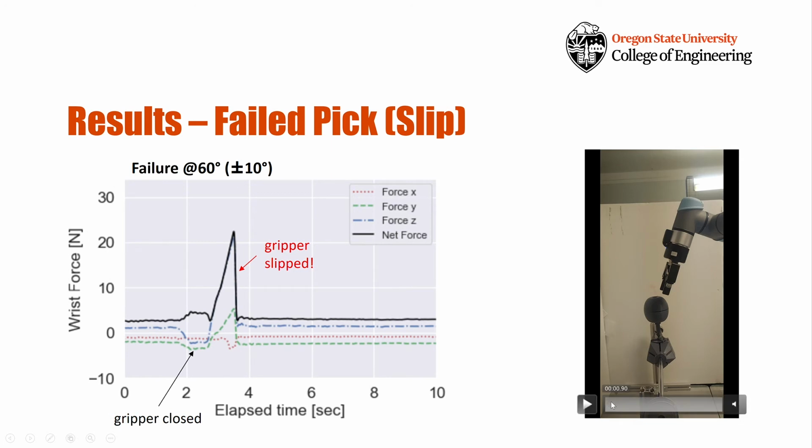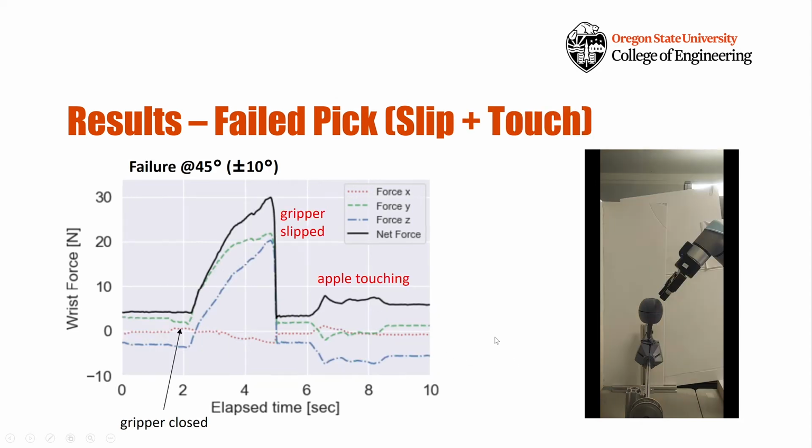There were also failures occurring when the gripper slipped from the apple as it was trying to pull it from the stem, and you can tell that the value was very low compared to the 30 Newton threshold, and also that the force in the y-axis was very low as well.